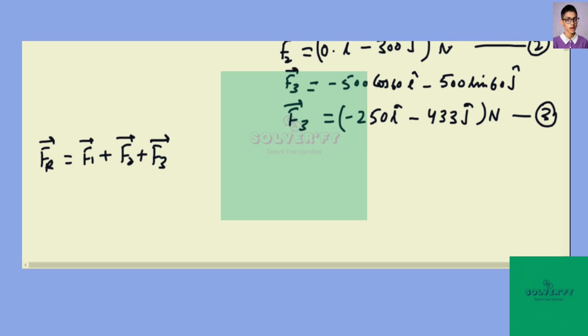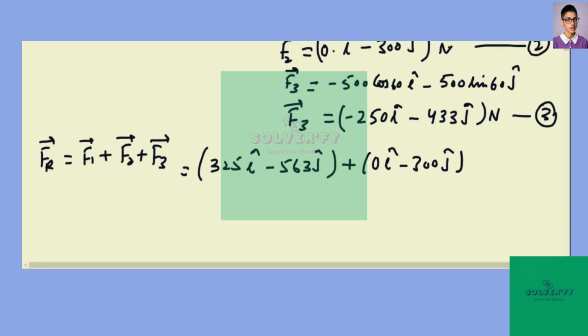F1 is 325 i cap minus 563 j cap, plus 0 i cap minus 300 j cap, which is the value of F2, and F3 is minus 250 i cap minus 433 j cap.